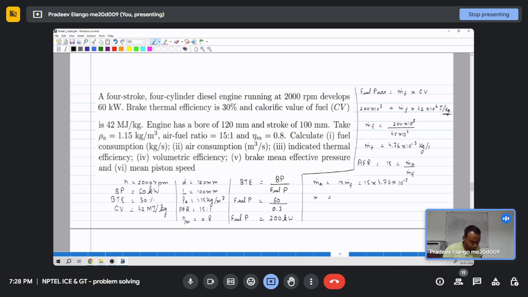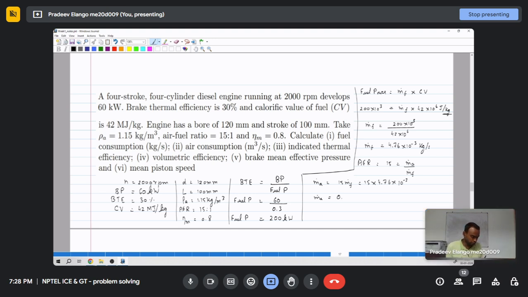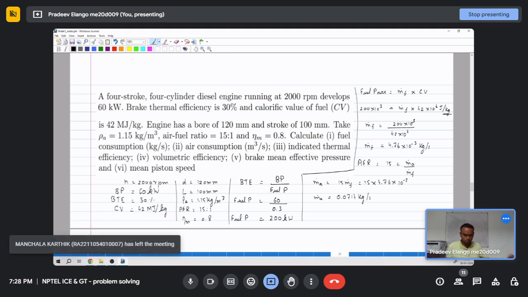That is m dot A, 0.0714. The unit is again kilogram per second, and we need to find the air consumption in terms of meter cube per second.